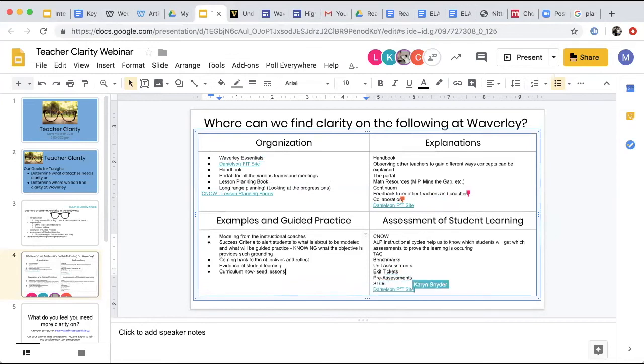Do the math resources also have guided practice, Danielle? I can't remember. She might be having trouble hearing, but thinking about math and practice, wouldn't their lessons have a portion focused on that guided practice? Yeah. Is that in there?